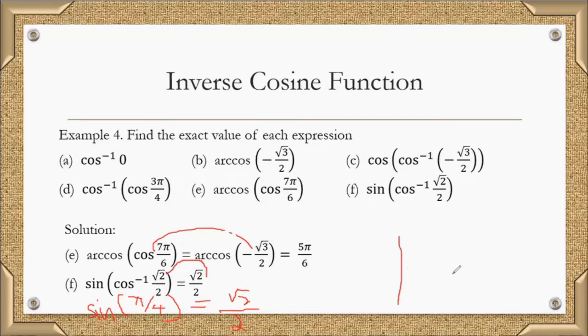Kasi pag tingnan natin sa circular function, nandito yung ating 45 degrees in degree measure at yung kanyang radian naman ay pi over 4. Ang cosine value niya ay square root of 2 over 2, at ang kanyang sine value ay square root of 2 over 2. Parehas lang sila. Okay?